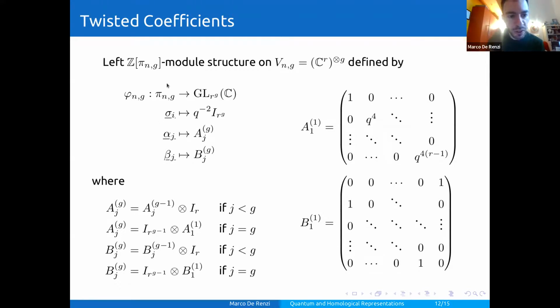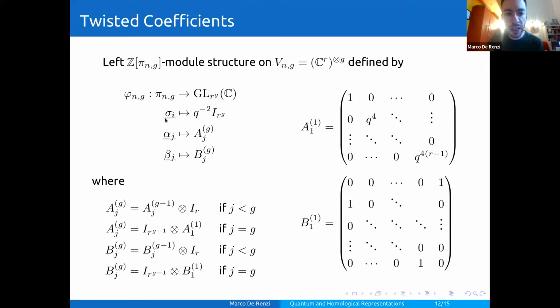Right, so this Z pi module structure on V_{n,g}. I recall to you, this is just C to the power R to the power g. And this action is defined just by a representation of the surface braid group into the general linear group of this vector space.